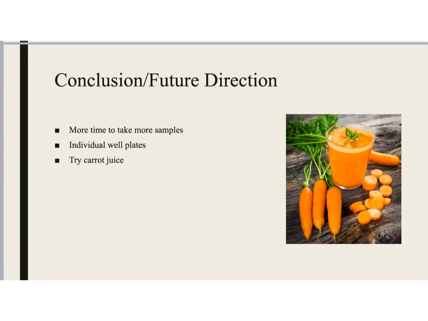So in conclusion, I would probably determine this to be a good treatment, but I would also like to take way more samples and look at it more closely. We only had about 3 to 4 weeks to work on this project, so we did not have a lot of time to do different things with it. So for future direction, I would like to have more time to take more samples.